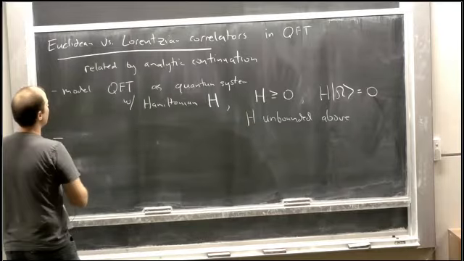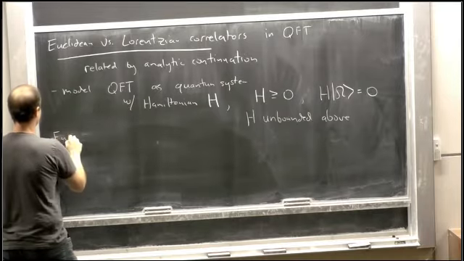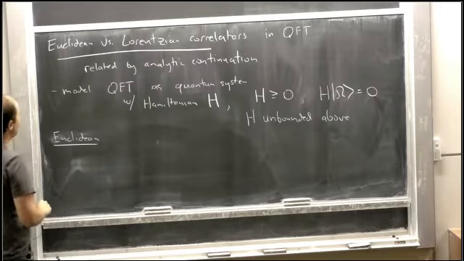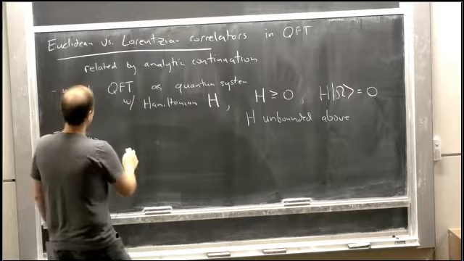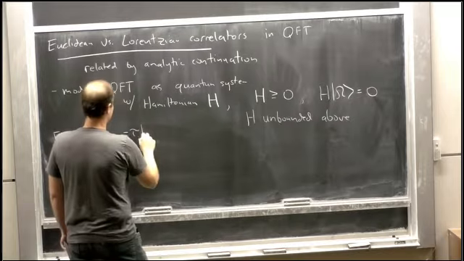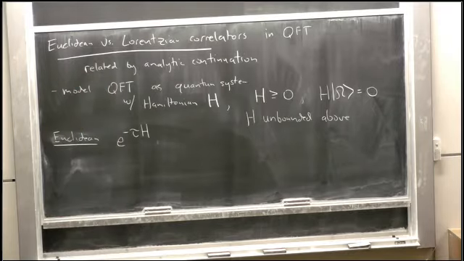So let's start in Euclidean signature. In Euclidean signature, the time evolution operator is e to the minus tau times H. Tau is some Euclidean time. For the moment, we're going to take tau to be real.